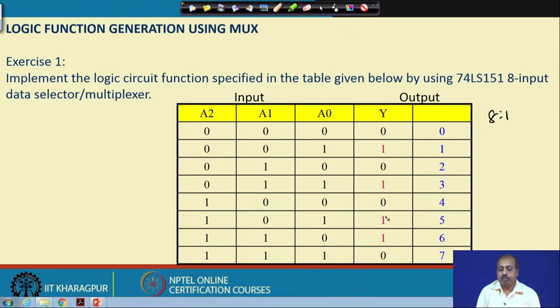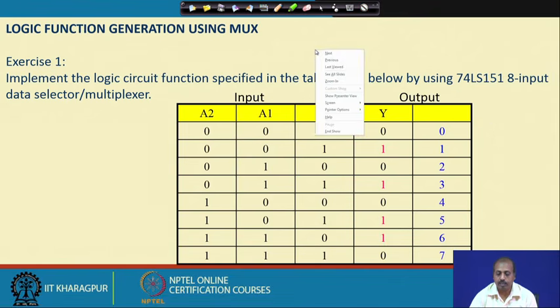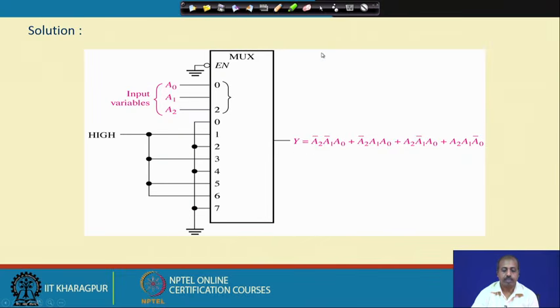To realize the circuit, we first note down the corresponding decimal value of the different min terms: the first min term is 0, second is 1, third is 2, like that. Then we note down the places where the value is equal to 1, and accordingly we get the circuit. Here you see that this function can be realized like this.